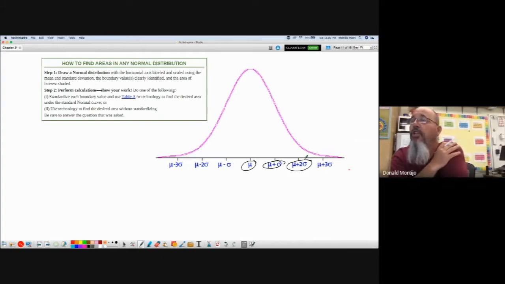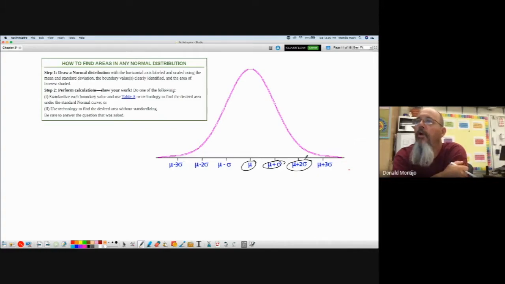So you're going to draw a normal distribution and label your axes. You have no choice. You must draw the curve, draw the x-axis, and label it with 1, 2, 3 standard deviations on either side of the mean.